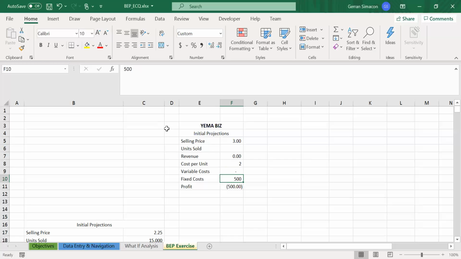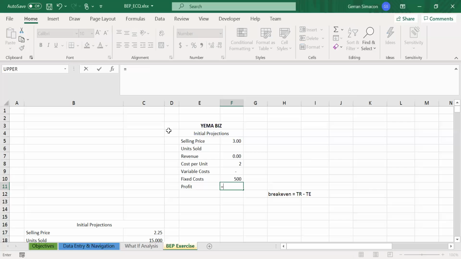Alright. So, the profit should be, diba, ang break-even is equal to total revenue minus total expenses. Diba? So, natin formula here. Meaning to say, equals the total revenue minus all expenses.